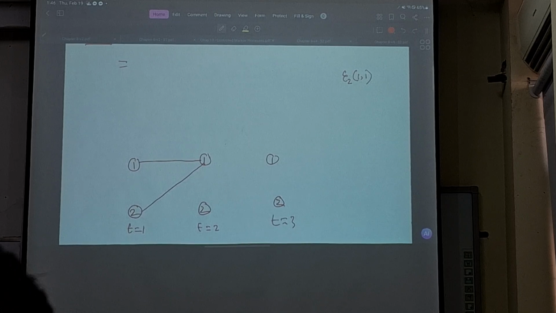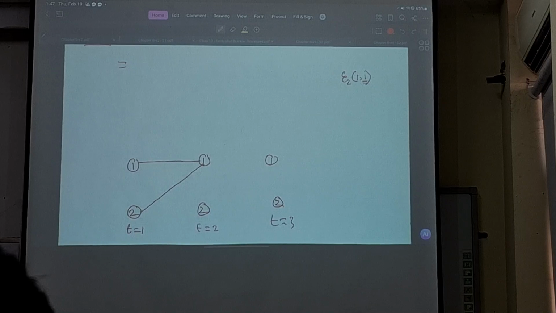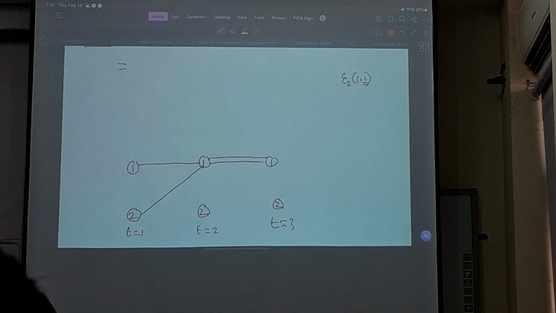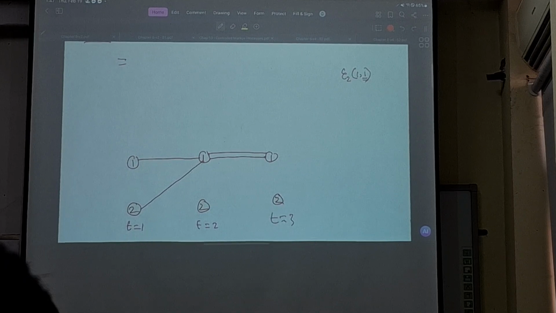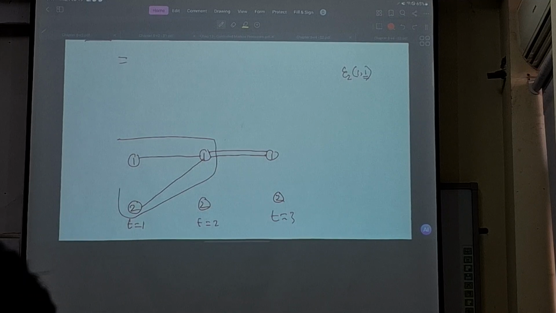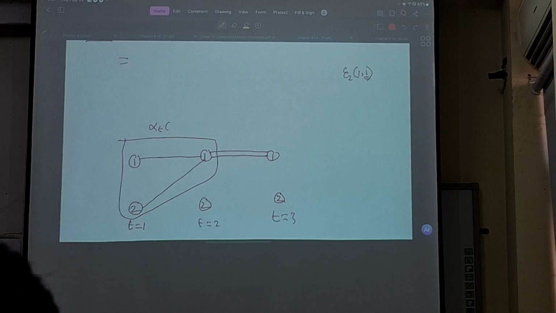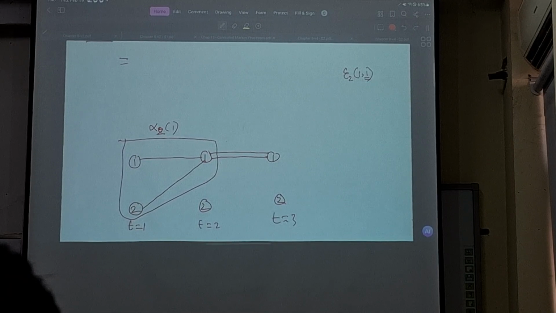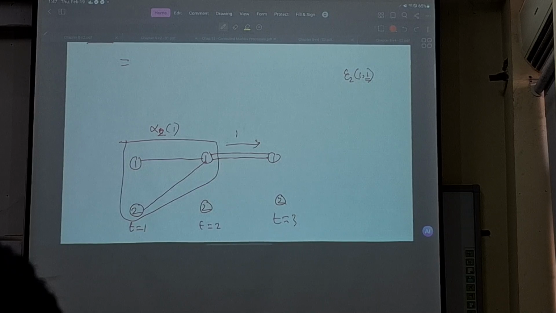Right? And after the jump, at time 3 the path is in state 2. How can we calculate this probability? This portion is represented by what? Alpha 2 1. Yes, this portion is represented by alpha. Then this portion is represented by a jump.